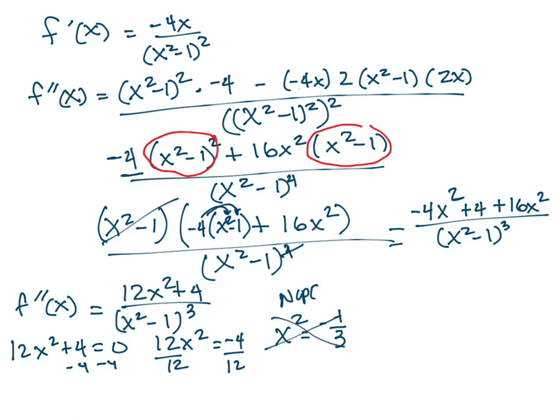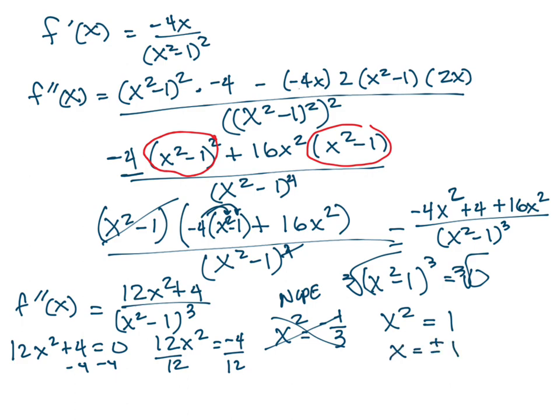That's a nope. It's imaginary. And then where does it not exist? That's going to be x squared minus 1 cubed equals 0. Cube root it. X squared equals 1. X is plus or minus 1. So those are the numbers that I'm throwing in my sign chart.